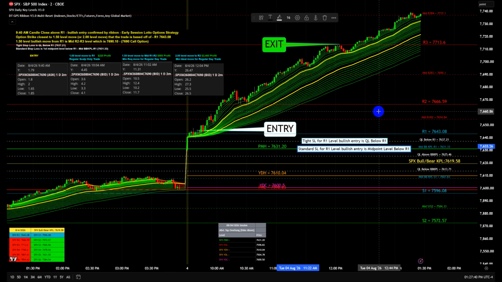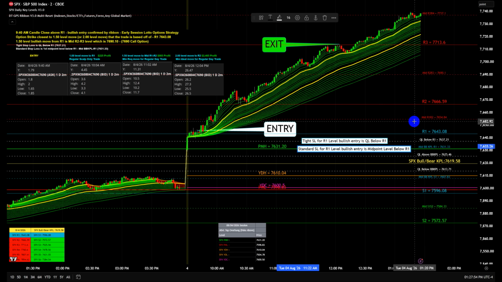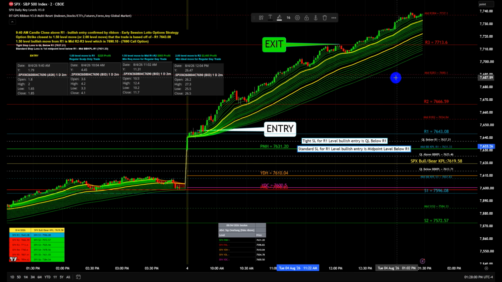But just to explain to you what the difference is between this and the standard option strategy. So this is for the early part of the session. What you're looking for is the option strike that's going to be at the 1.5 level move or the 2 level move in your favor as your entry strike. So you're still basing the trade on the same entry.